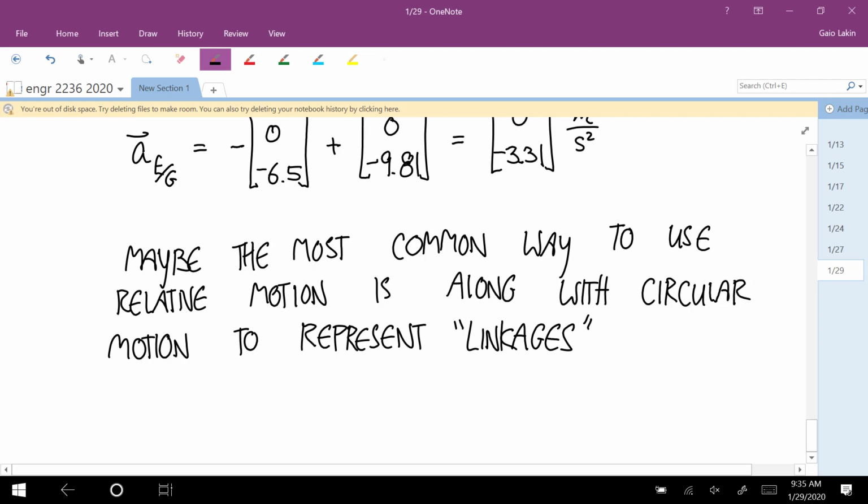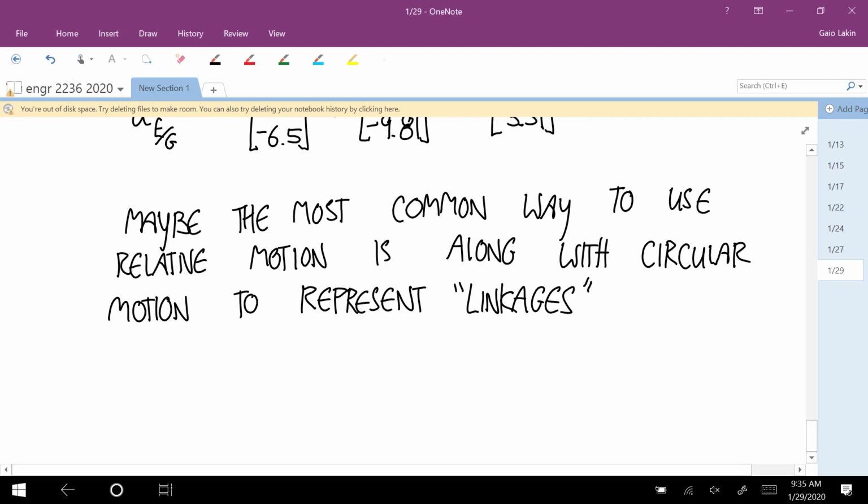Linkages would be a really good name for like a super overly processed sausage product. But in this context, it means a collection of rigid bodies connected by joints, whose movement have a relationship because of those joints.